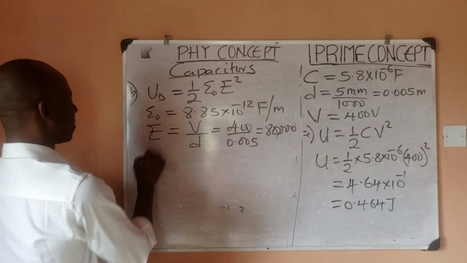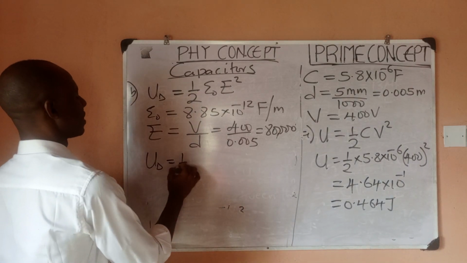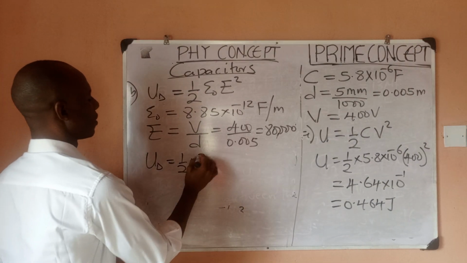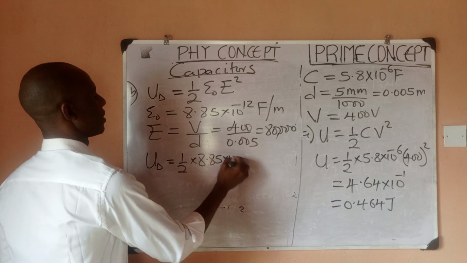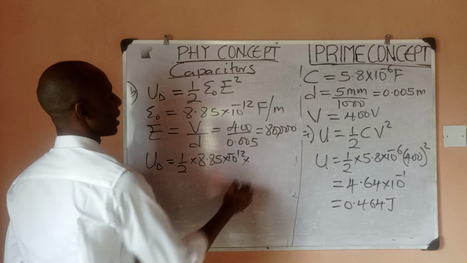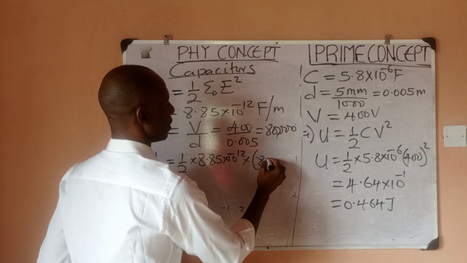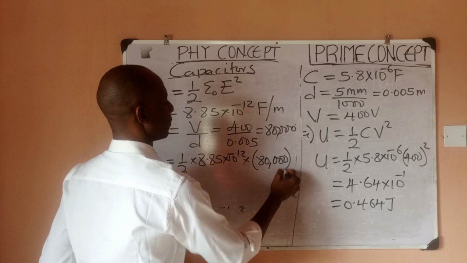Now I want to find my energy density. My energy density is half times epsilon naught, 8.85 times 10 to the power minus 12, times E, which is 80,000, all squared.